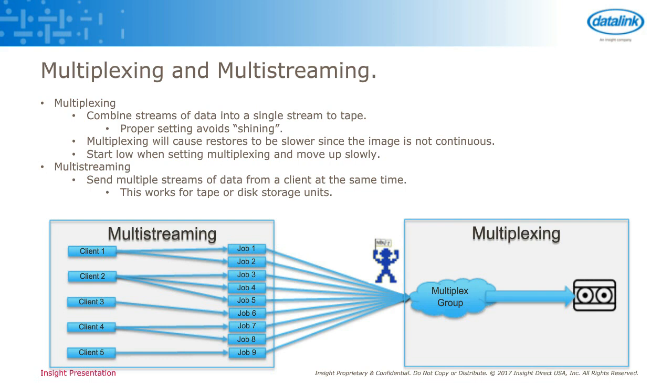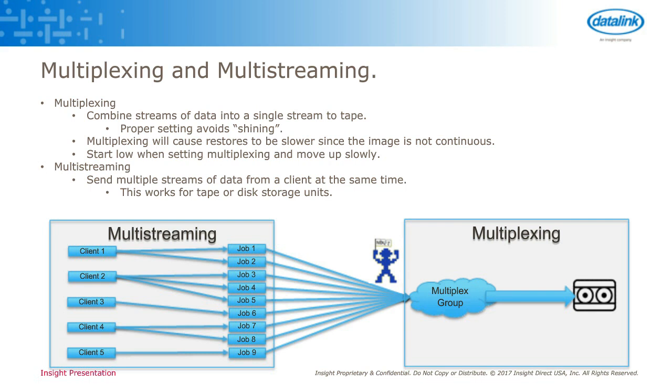A single stream from an older client may not be sufficient to keep that tape drive moving. And so you want to send more data to it. The way you can accomplish that is to have multiple clients sending multiple streams and combine those streams to one tape drive. This avoids what's called shoe-shining.